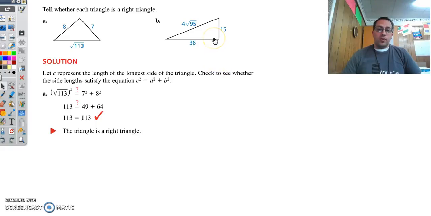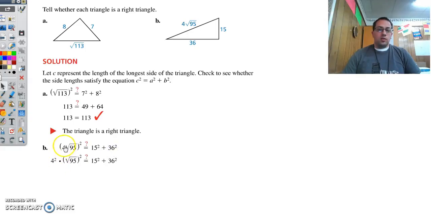Let's try it over here. Here, this is apparently the hypotenuse. This is going to be the square root of something pretty close to 10, so this should be pretty close to 40. Let's see what we got here. This is my C. Plug that in here, squared, equals 15 squared plus 36 squared.